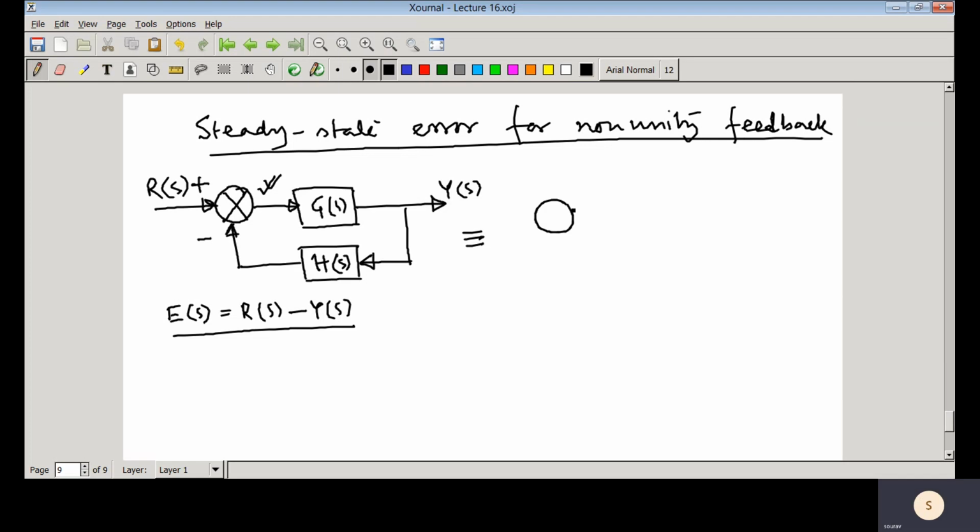loop as follows. So this is that R(s), and now we have that G(s) here, we have H(s) as it is.